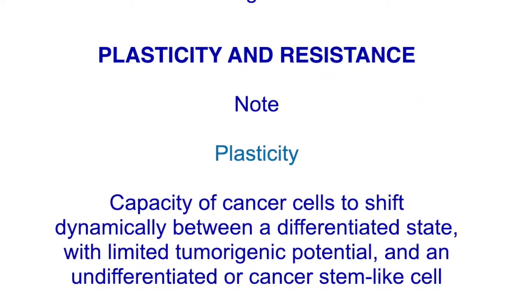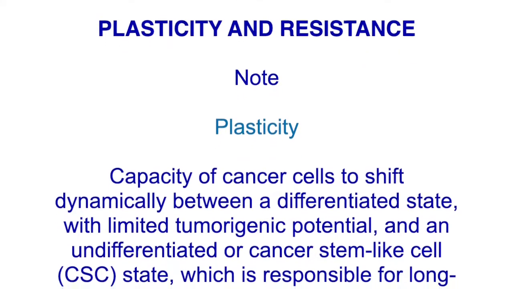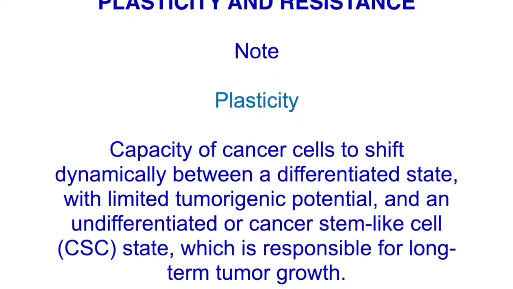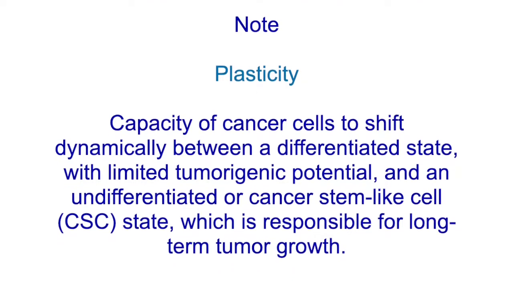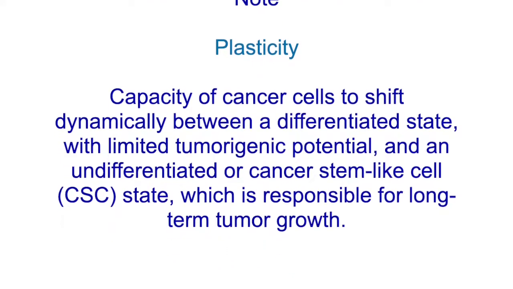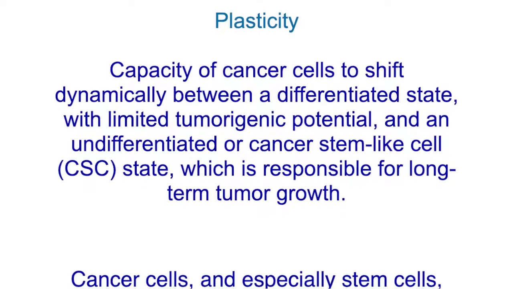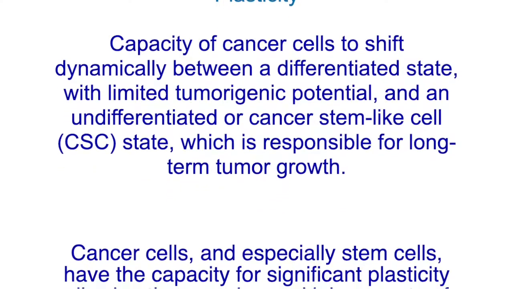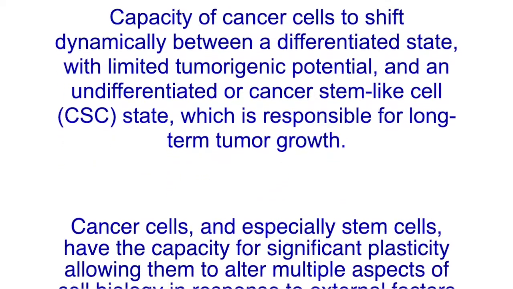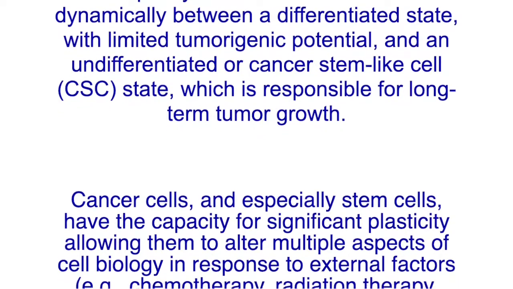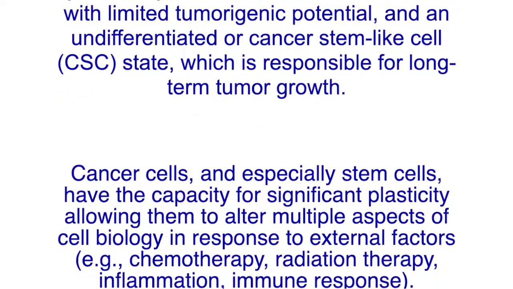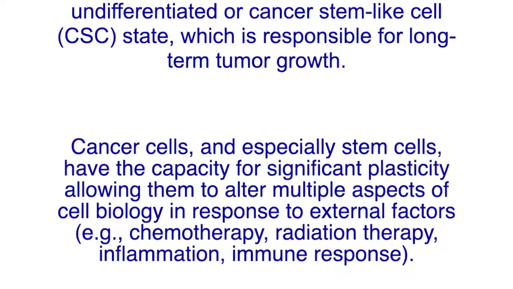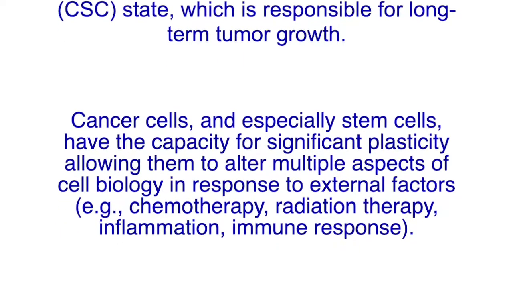Plasticity and resistance. Plasticity means the capacity of cancer cells to shift dynamically between a differentiated state with limited tumorigenic potential and an undifferentiated, cancer stem-like cell state, which is responsible for long-term tumor growth.